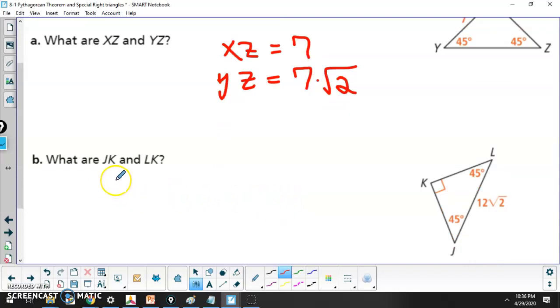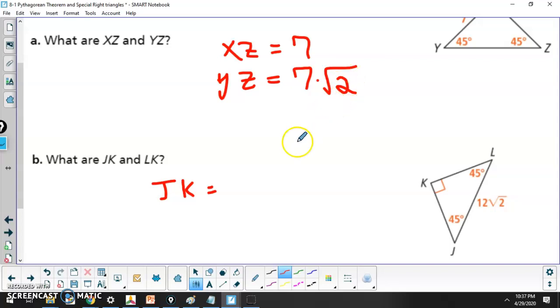Now, in this particular one, we are given the hypotenuse, and we have to find JK and LK. Let's think about this for a second. If we multiplied by the square root of 2 to find the hypotenuse, guess what we're going to do to find one of the legs?